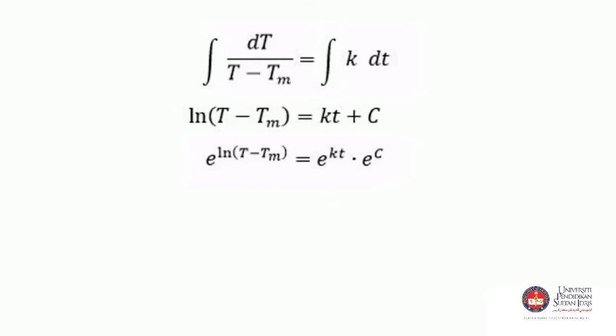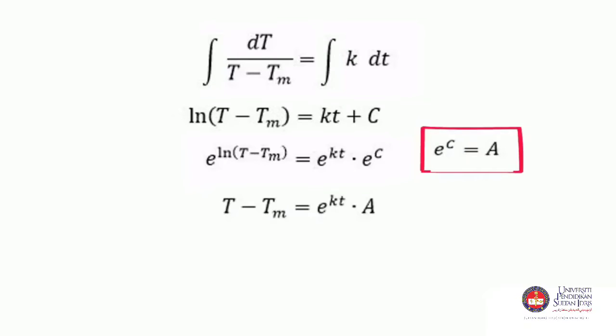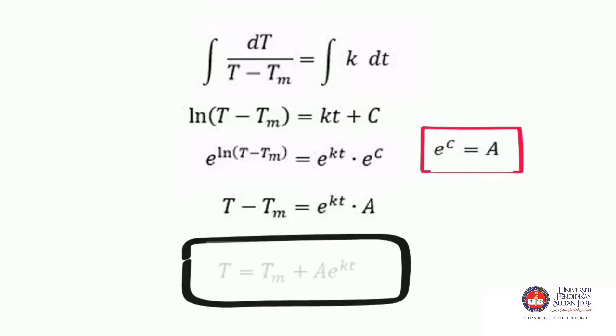We can assume that e to the power of c is a constant, which we call A. So we get T minus Tm equal to e to the power of kt times A. Next, we move Tm to the right hand side and leave T on the left hand side, and we get T equal to Tm plus A times e to the power of kt.